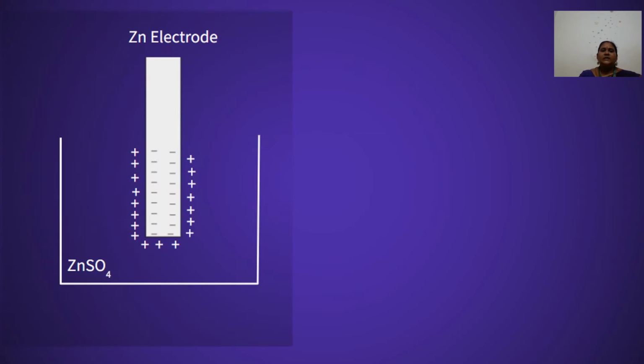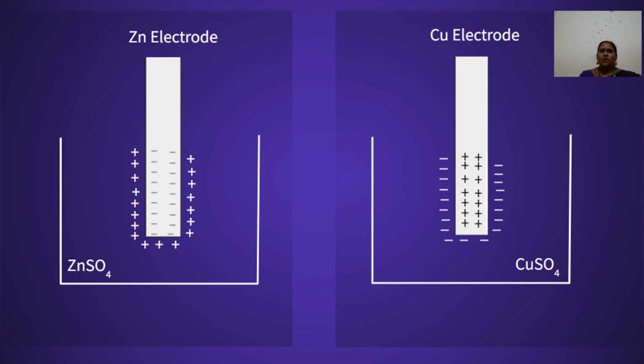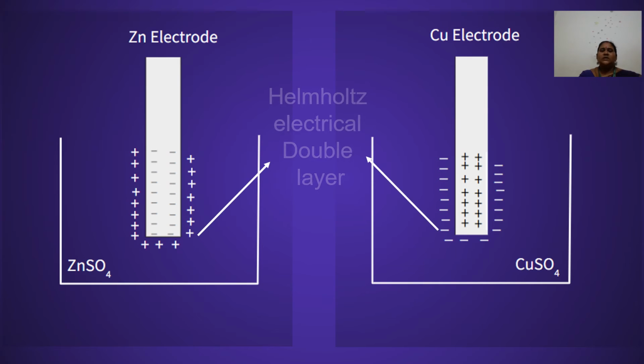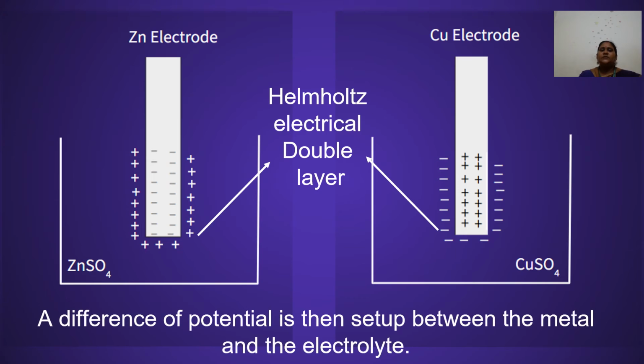The negatively charged zinc electrode attracts the positive ions from the solution and the positively charged copper electrode attracts the negative ions from the solution, and hence there is a setup of an electrical double layer of either positive ions or negative ions. This layer of positive ions or negative ions is called Helmholtz's electrical double layer. A difference of potential is then set up between the electrode and the electrolyte.